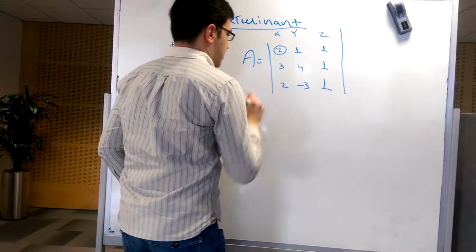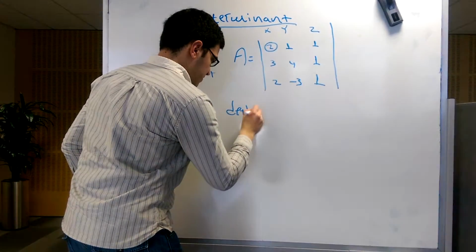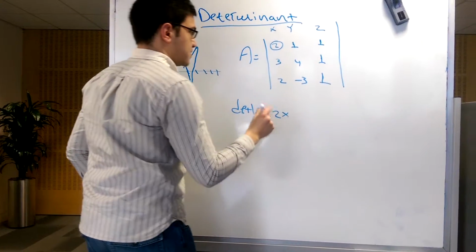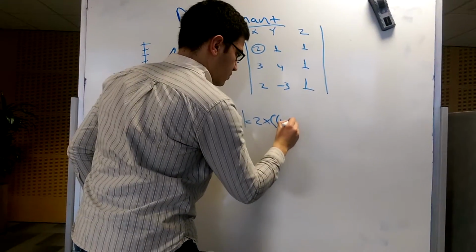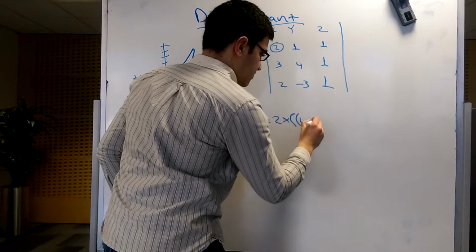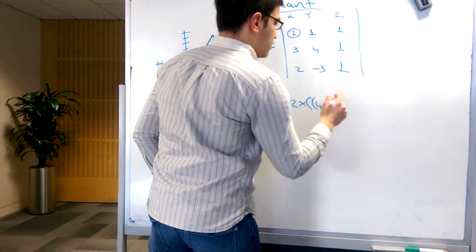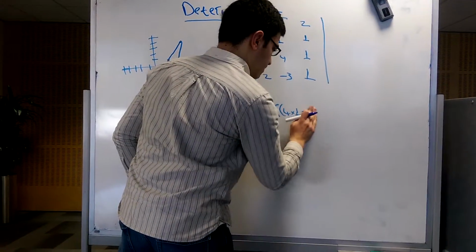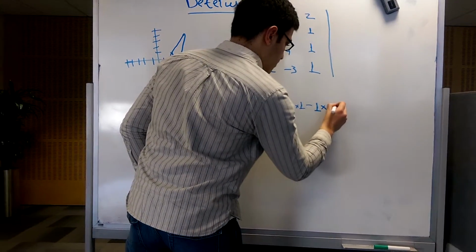Now we get to calculate the determinant, which is written as 2 times 4 times 1 minus 1 times -3.